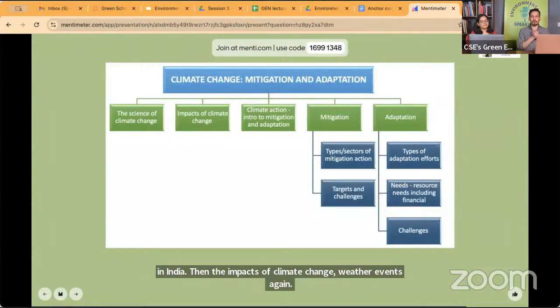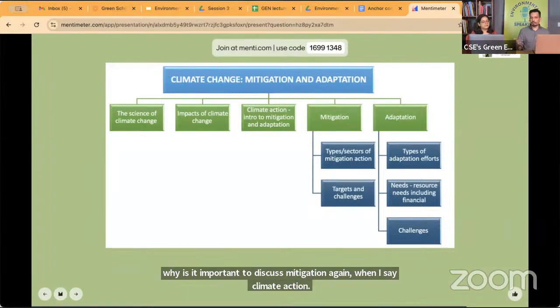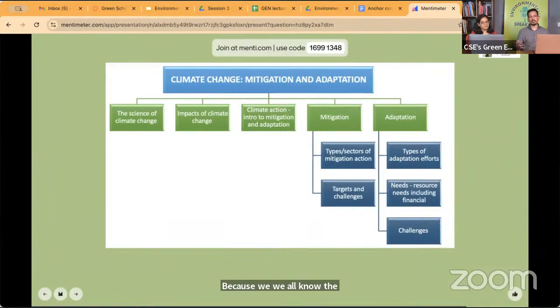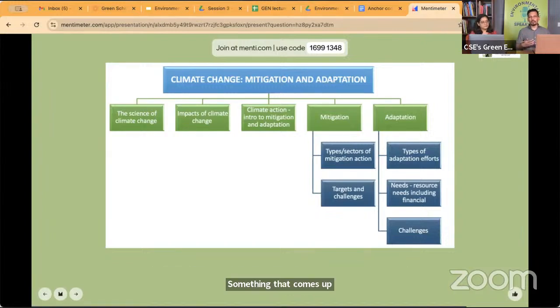So why is it important to discuss mitigation and adaptation? Again, when I say climate action, because we all know the problem. We've been discussing that with students, but something that comes up again and again is, what do we do about it? So the actual actions, and how do we understand the importance or the priority of those actions, will be discussed within mitigation and adaptation.